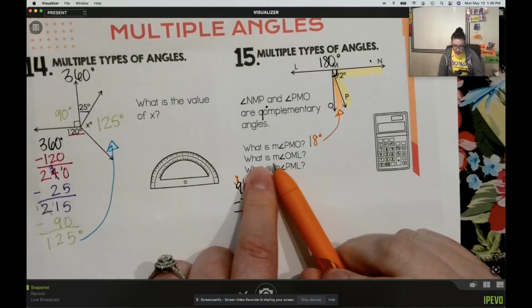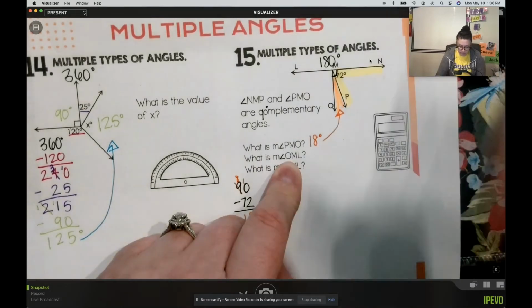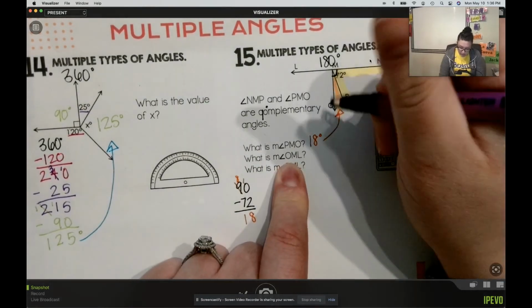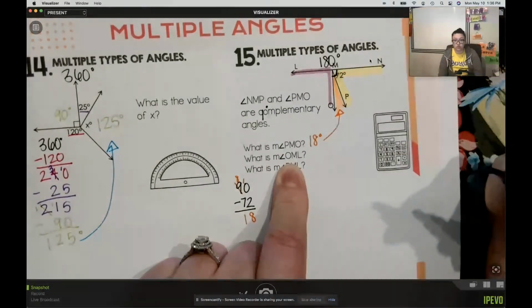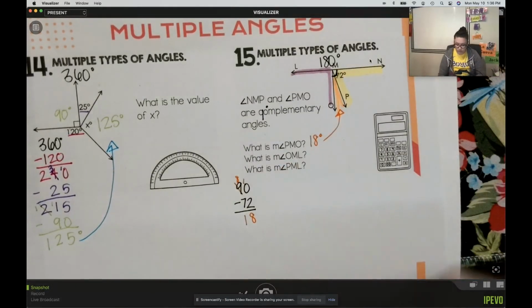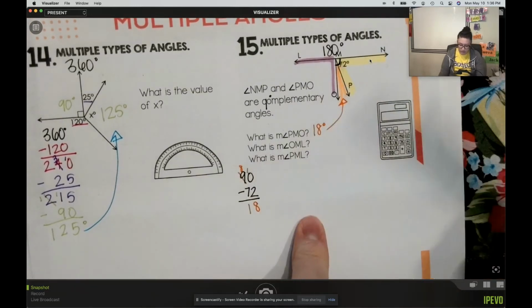Now it wants to know, what is OML? So now here is OML. I know the whole thing is what? 180.